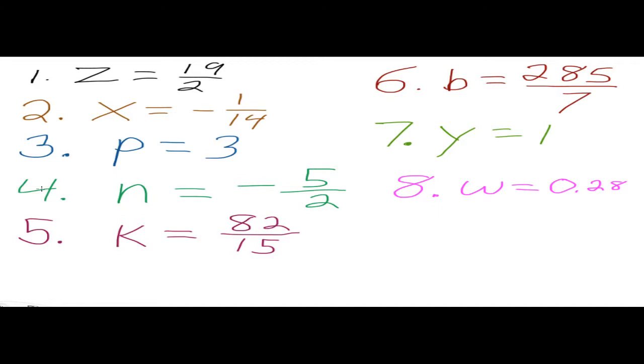And number 8, you've noticed I've not written it as a fraction. I put W equals 28 hundredths. That's because the problem itself had values in it with information to the right of the decimal place.